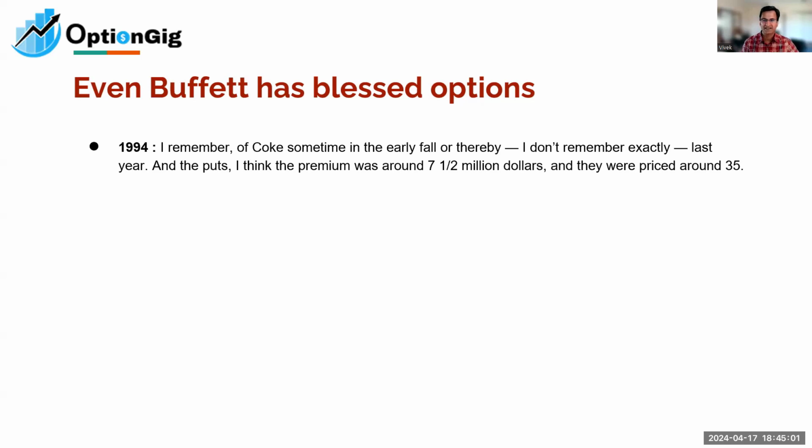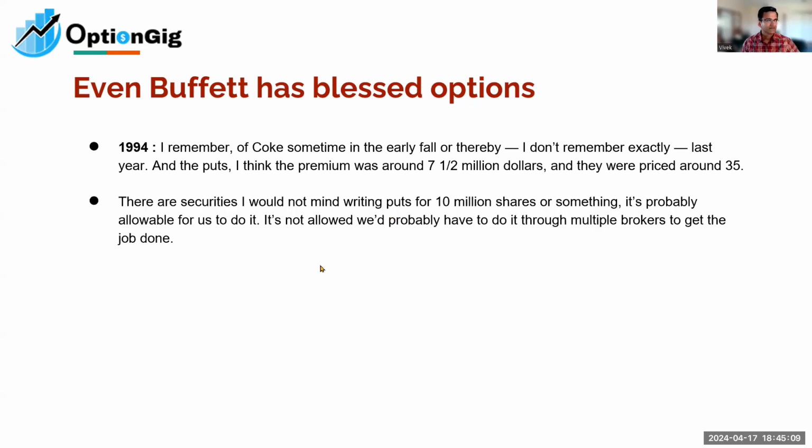We're going to cover these puts in today's session. But he sold tons of options on Coke. Then he talks about securities he wouldn't mind writing puts for, 10 million shares or something. He's not talking about buying 10 million shares. He's talking about writing options on those 10 million shares.